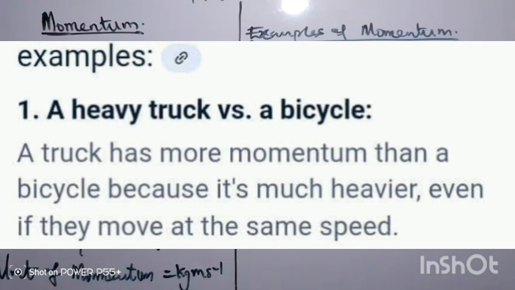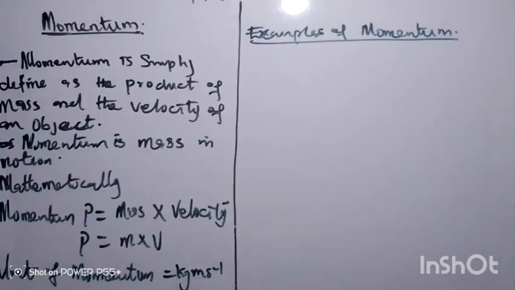A truck has more momentum than a bicycle because it is much heavier, even if they move at the same speed. That is, if both the heavy truck and the bicycle move at the same speed, the heavy truck will have greater momentum than the bicycle because of its mass.